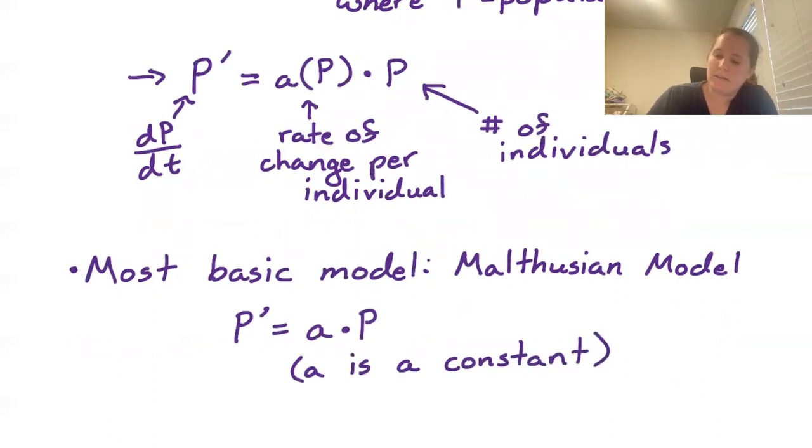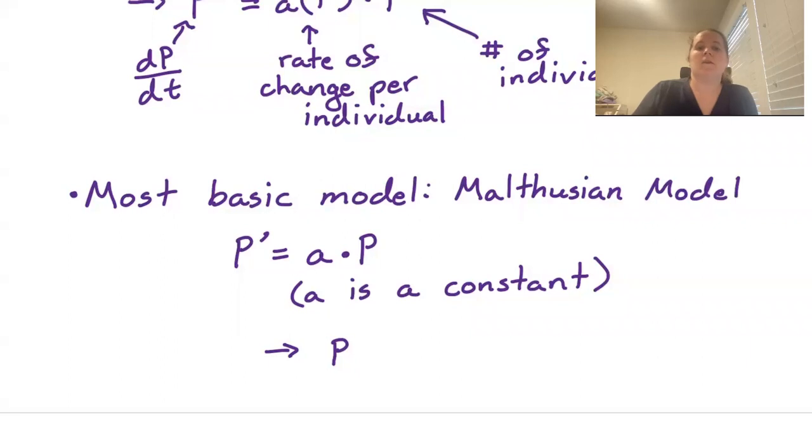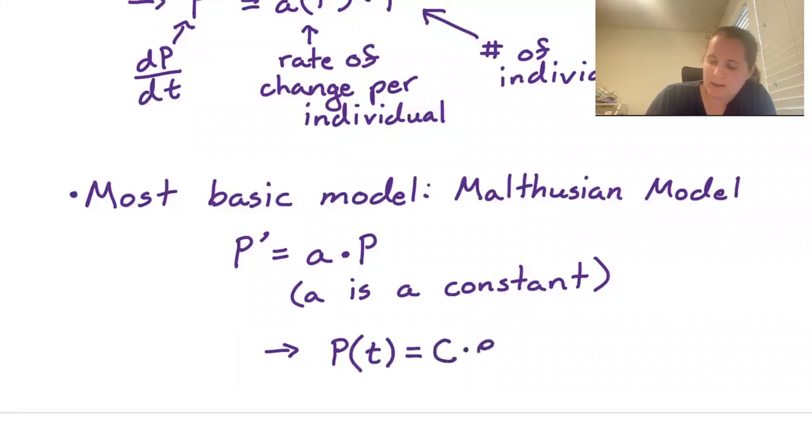And it turns out in this case that the population in terms of T can be expressed as some constant C times e to the AT.